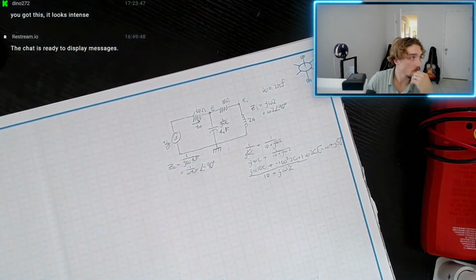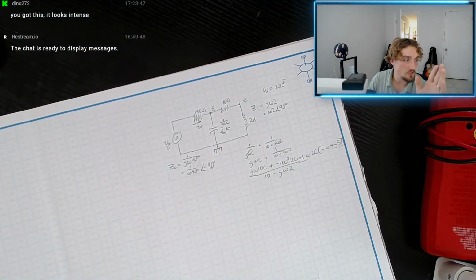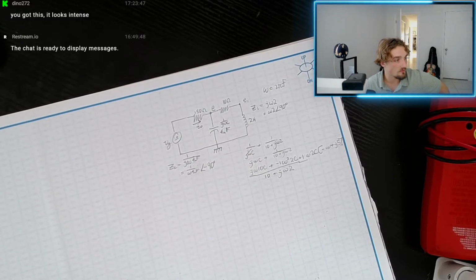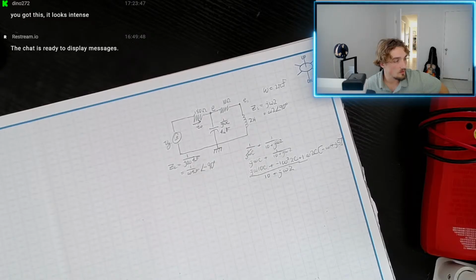Wait a second. What is the question? The frequency of the sinusoidal voltage source in the circuit is adjusted until the current I naught is in phase with Vg. So what does that mean? I naught in phase with Vg.